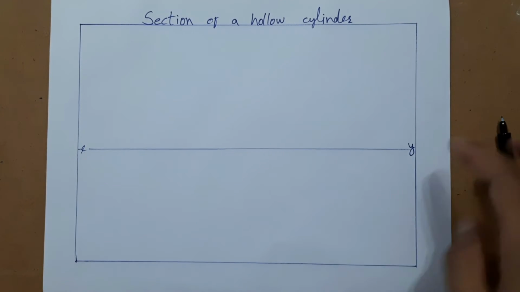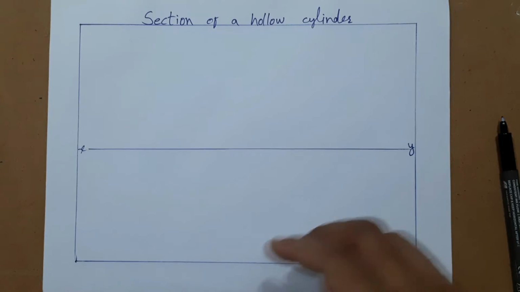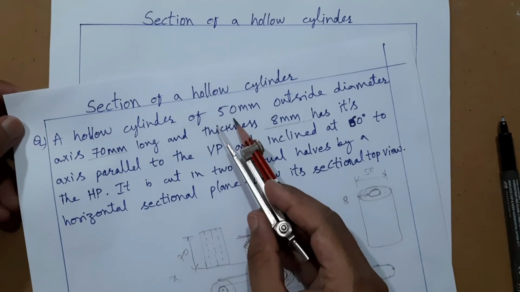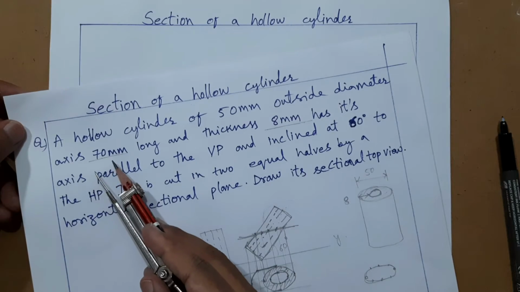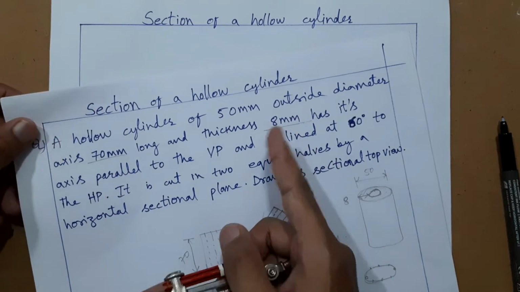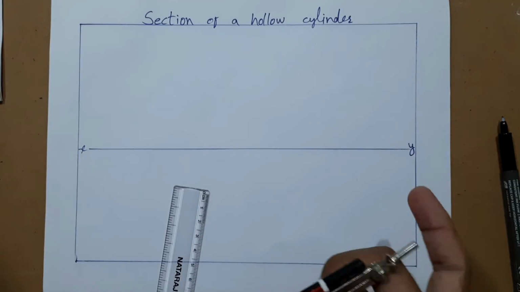Let us see. So in the question they have given cylinder diameter 50 mm outside diameter, axis 70 mm long, thickness is 8 mm. So with this we will start the cylinder construction.